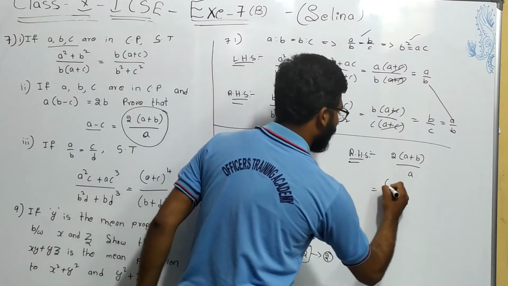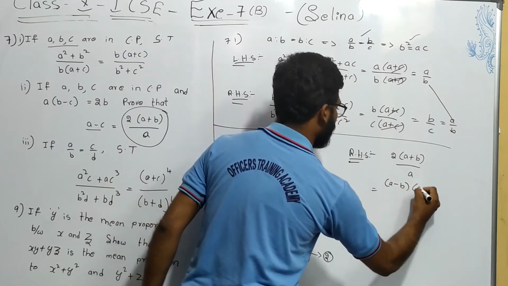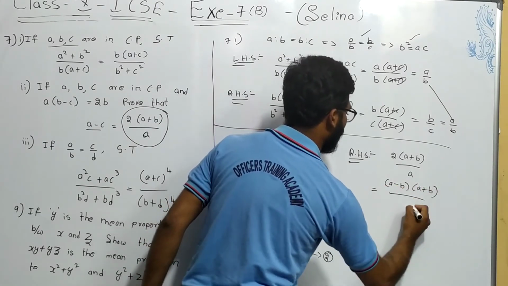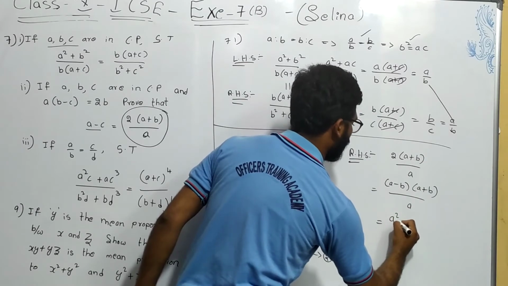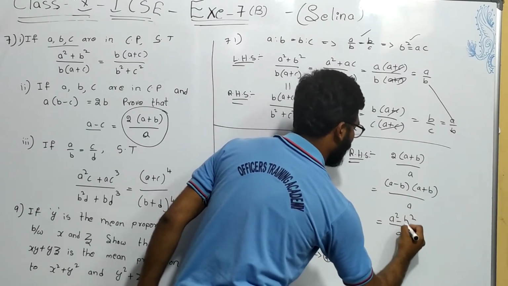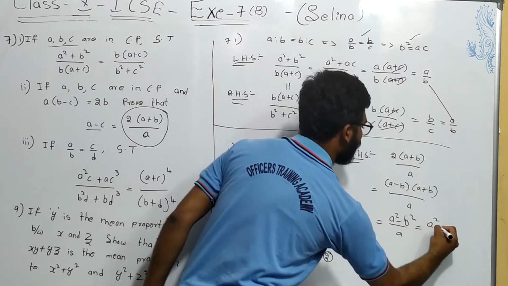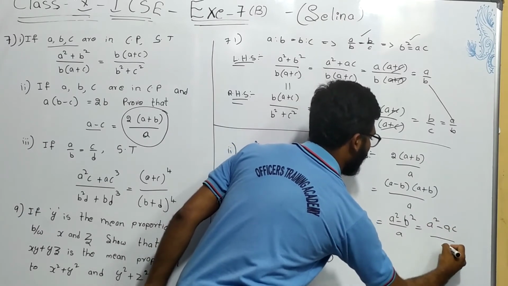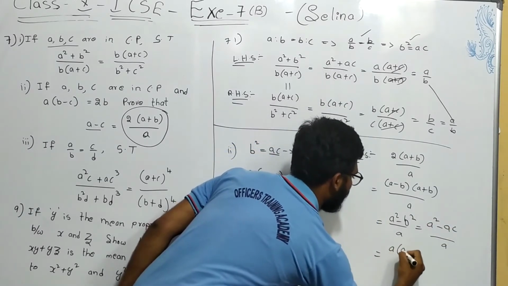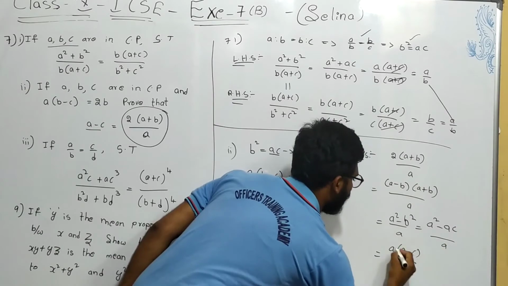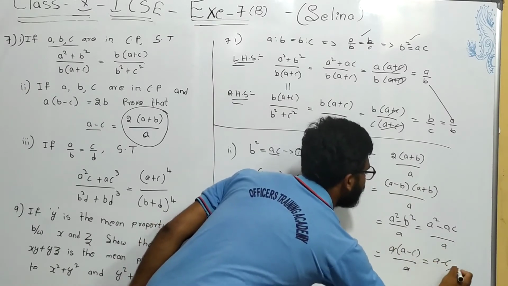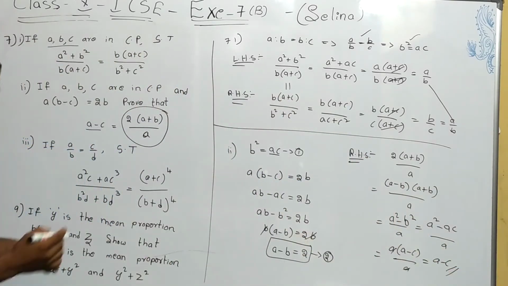So, I am writing A minus B into A plus B by A. It is nothing but A square minus B square by A. And I already know B square is equal to AC, right? So, AC by A. Take A common, A into A minus C by A. So, that is equal to A minus C, which is LHS of the given question.